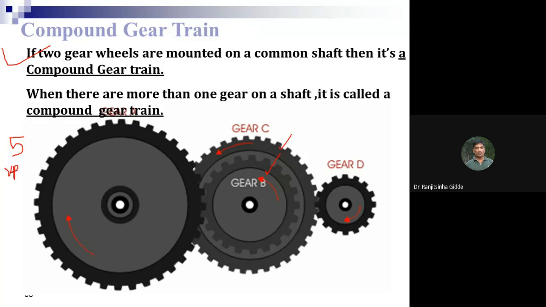Just as an example I am writing here, don't consider that this will be the speed, and here I will write 50 rpm. So this is input and this is the output, right? Now let us check.